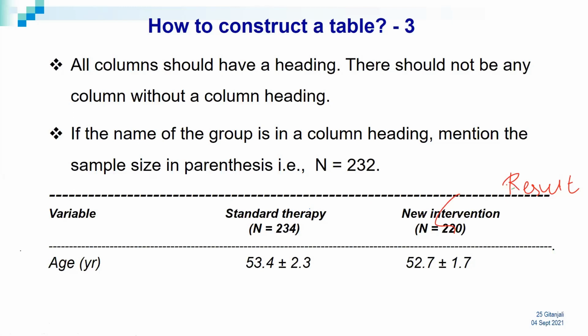So now you might ask me, which one should come first? Should we first write the standard therapy in the first column, and then compare it with the new intervention? Generally, the convention is the control or the standard therapy should be first, and then comes the treatment. This is the convention.